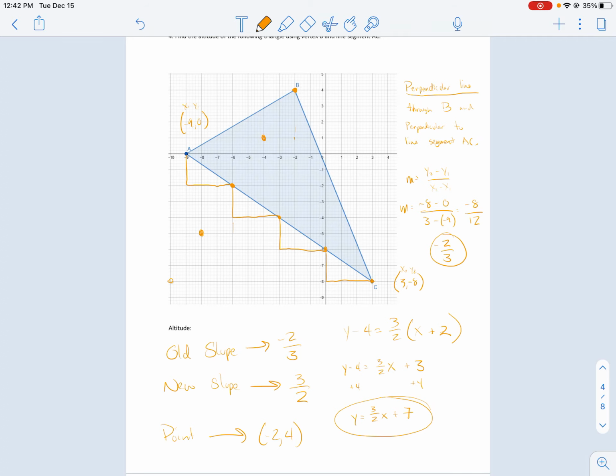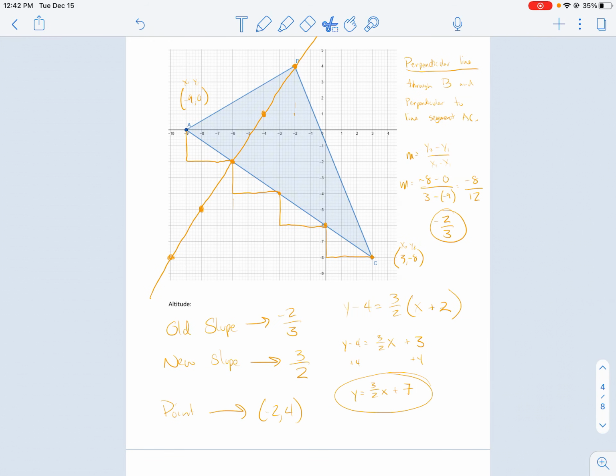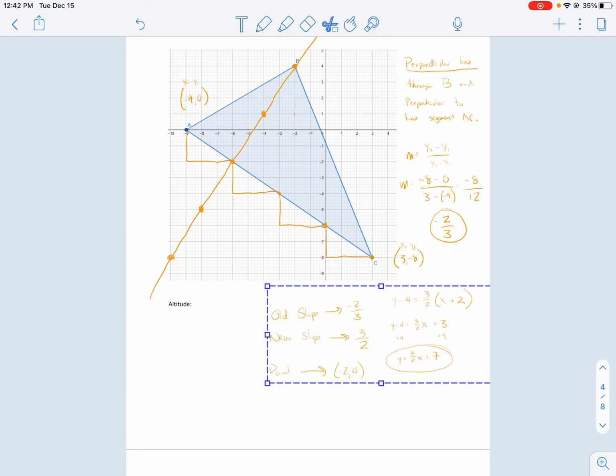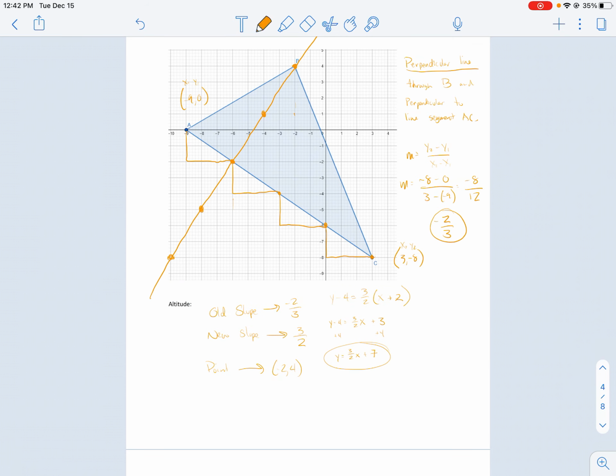Here's the equation of that line segment. I'm going to have to shrink up some of this stuff here in order to solve this one out. There is our equation of our line that is perpendicular to AC that goes through point B.